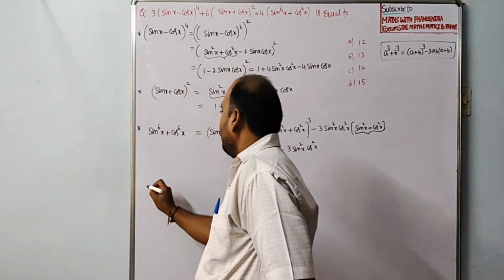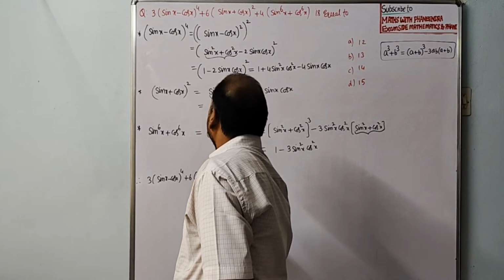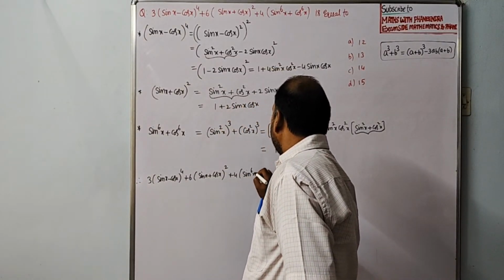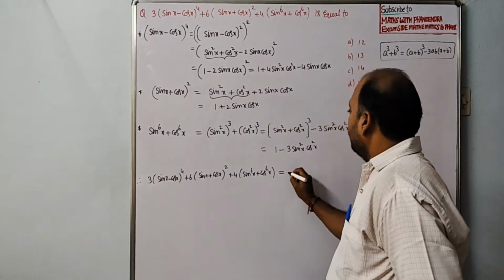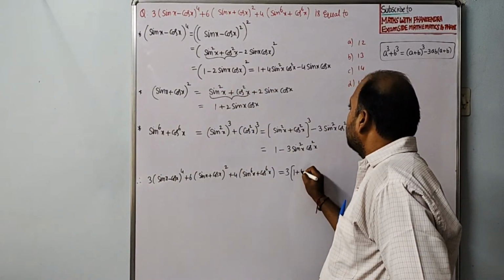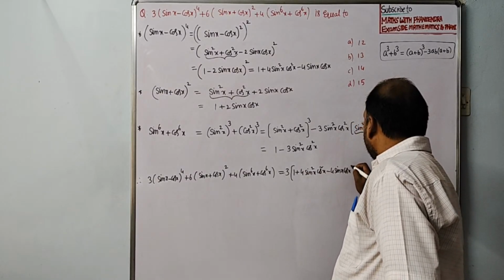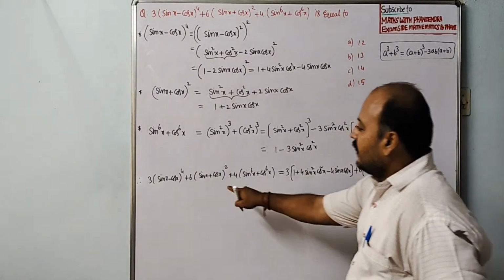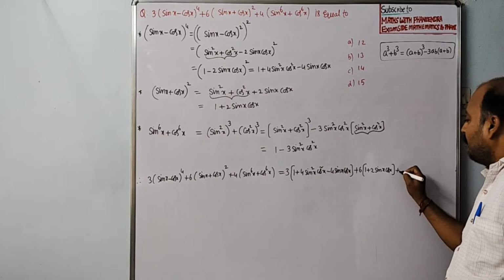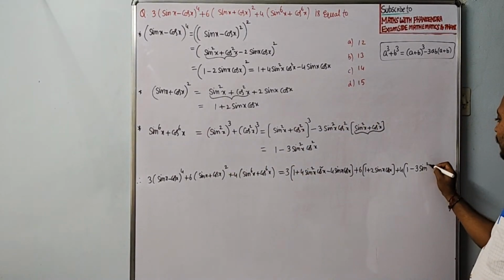Now come to the question. Therefore, 3 times of (sin x minus cos x) whole power 4 plus 6 times of (sin x plus cos x) whole square plus 4 times of (sin power 6 x plus cos power 6 x) is equal to 3 times of, keep the bracket, and the value of (sin x minus cos x) whole power 4 we replace with 1 plus 4 sin square x cos square x minus 4 sin x cos x, plus 6 times of (sin x plus cos x) whole square, whose value is 1 plus 2 sin x cos x, plus 4 into (1 minus 3 sin square x cos square x).